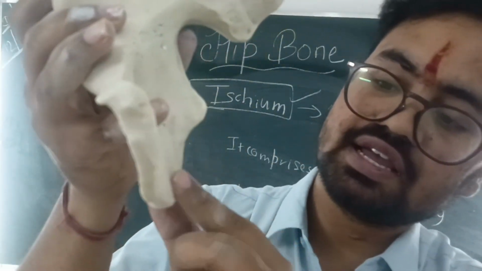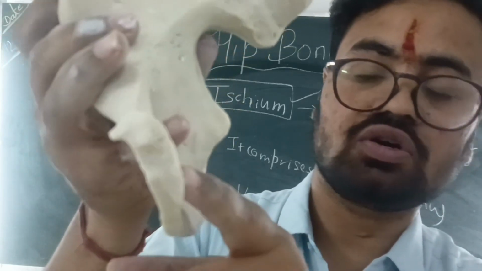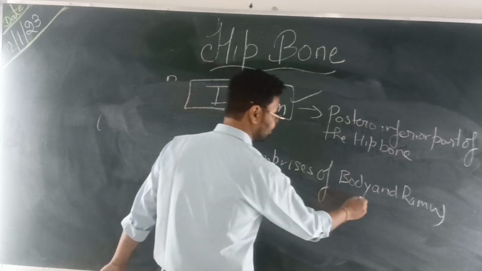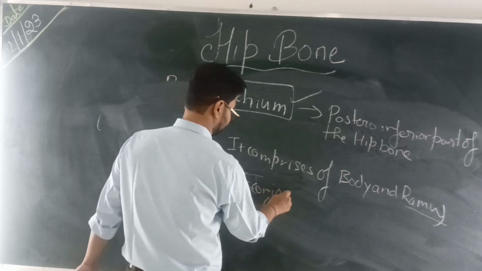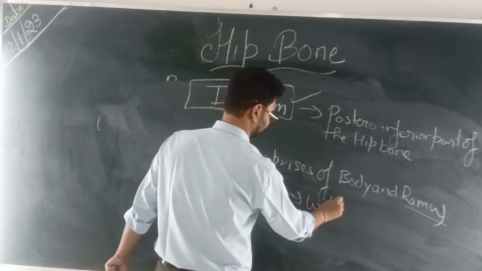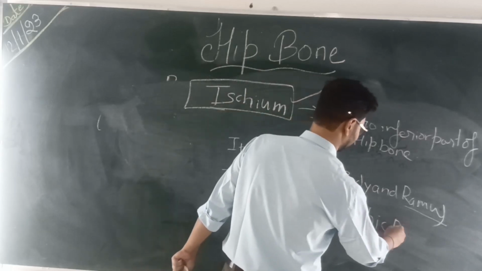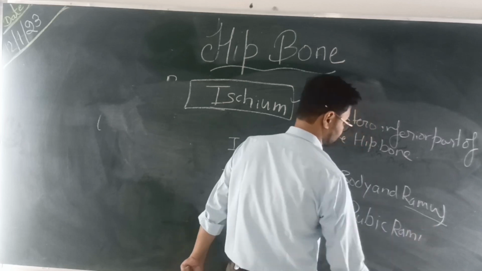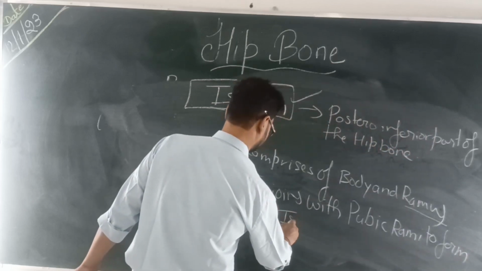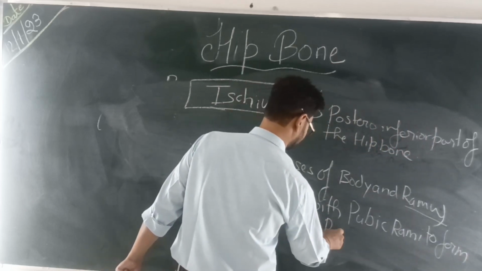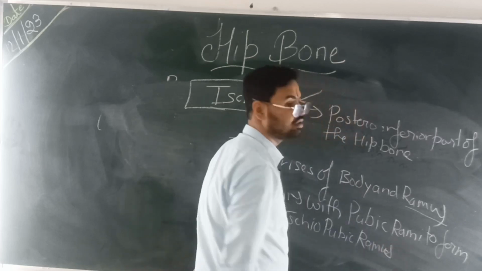So this ramus of the ischium and the ramus of the pubis together, it conjoins with the pubic rami to form the ischiopubic ramus. I hope you got my point.